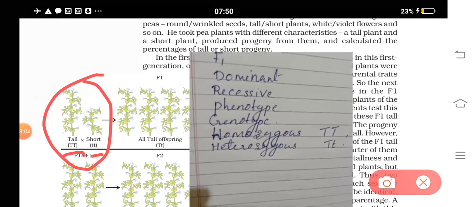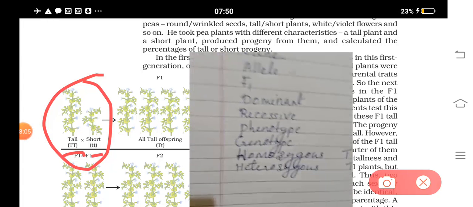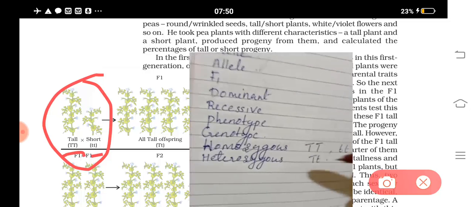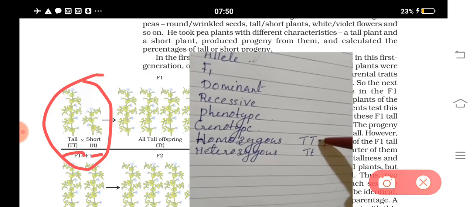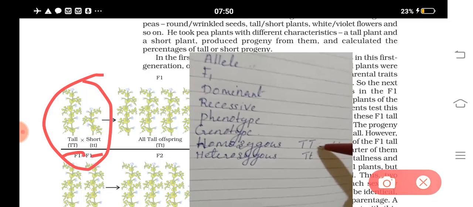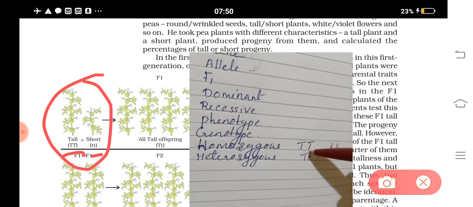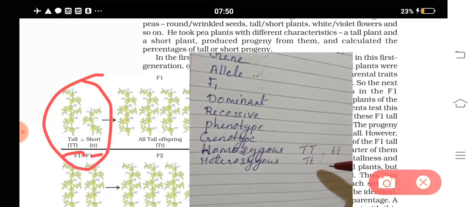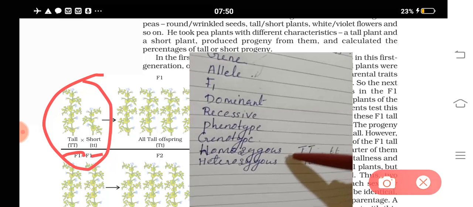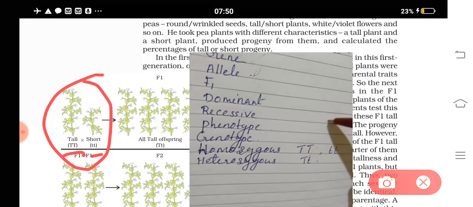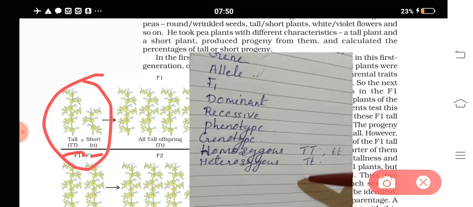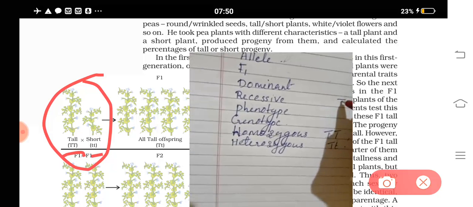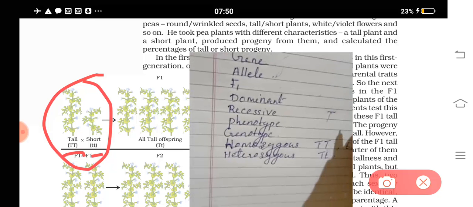You can see that I told you there are two alleles for each character in an individual. As we are diploid, a diploid organism will have two alleles. Alleles are different forms of the same gene. I am giving one example here, that is tallness of the plant. It is controlled by two different alleles, capital T and small t.